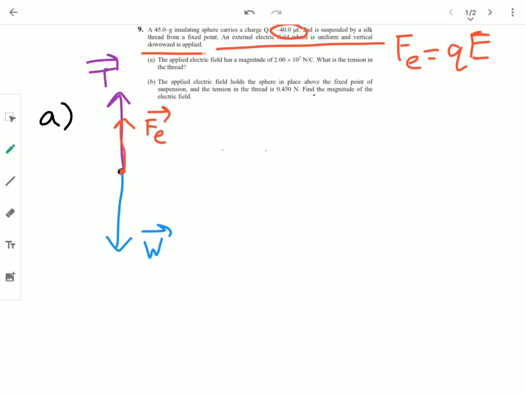They've given us the electric field, so simply sigma Fy equals 0, which gives us tension plus the electric force equals the weight.